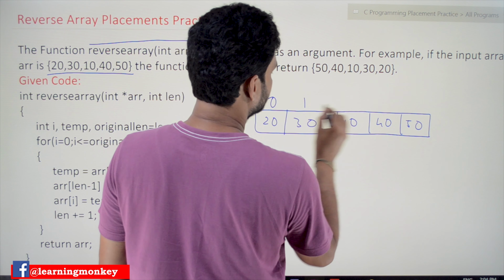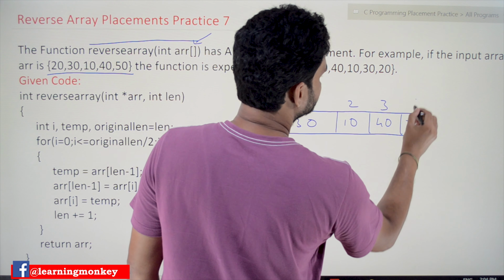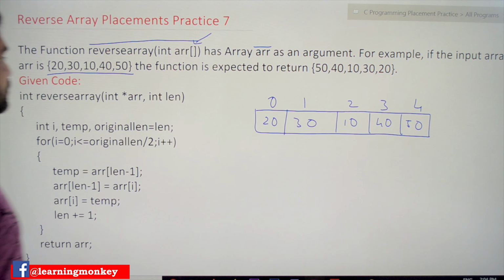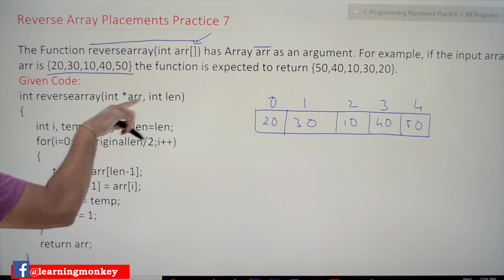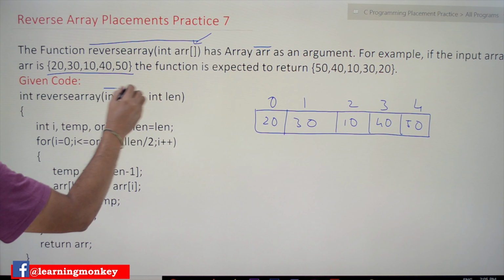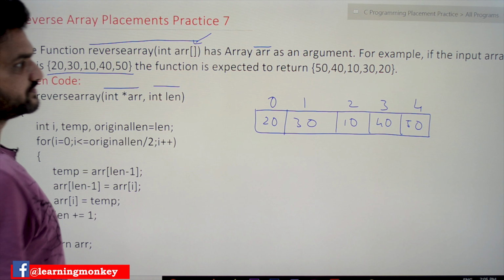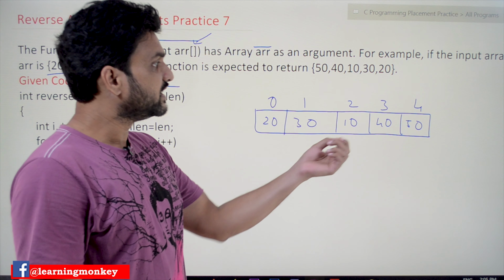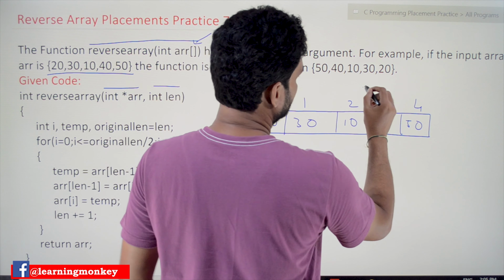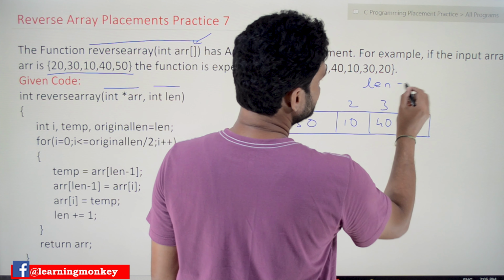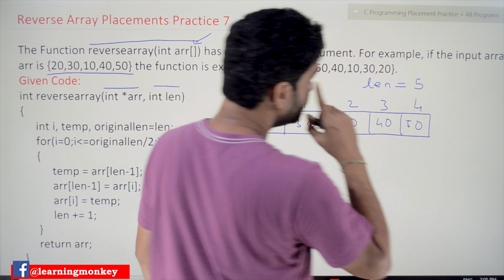If this is the array that is passed, let's see the arguments passed to the function. It is the array address, and the next one is the length of the array. The length of the array is 5 elements. So we'll take a variable called len, and this len is equal to 5.